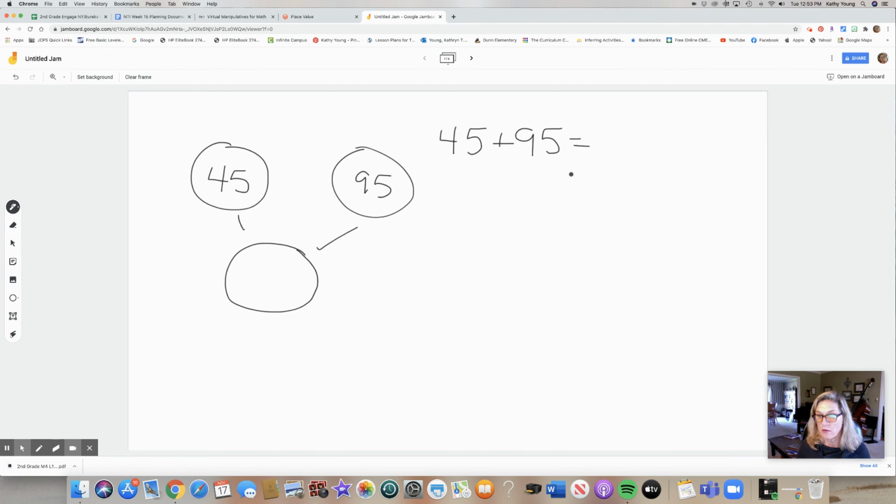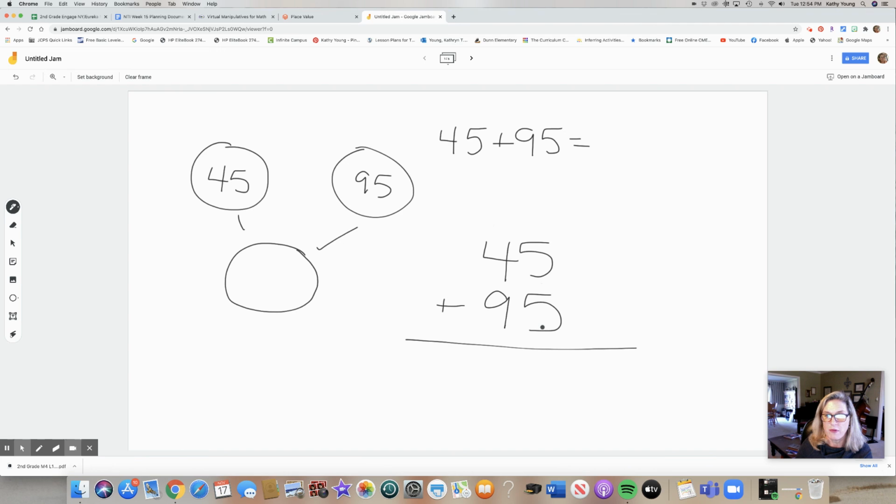Okay, you can draw your place value discs like I just showed you. We haven't really gotten into the vertical with 3 numbers, but I can show you that if you want to challenge yourself a little bit. Let's go ahead and do one of those. So I would stack my 45 and my 95.